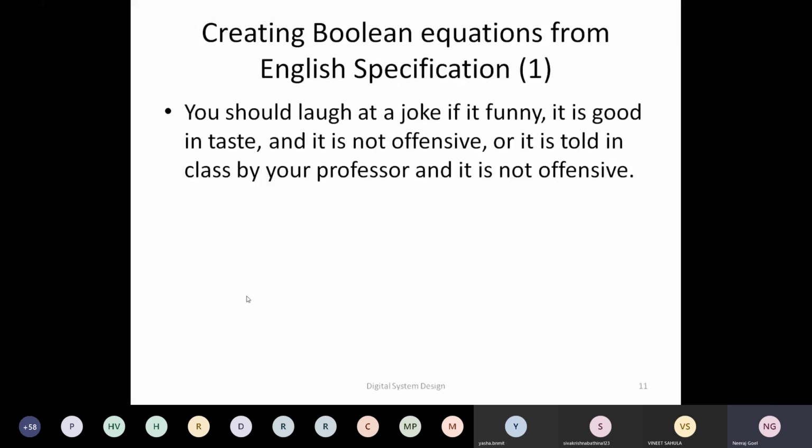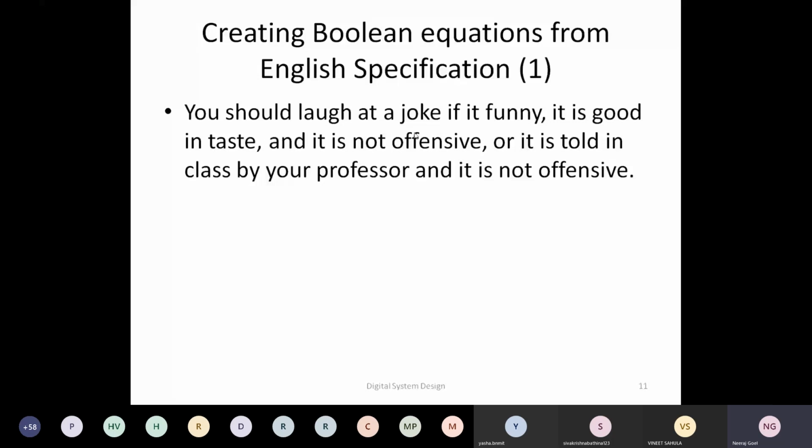We'll try to identify what the inputs are and what the output is. Let us say here laugh is the output. We would like to know when we are supposed to laugh. If laugh is the output, what is the input? Joke, let's say, is not an input, but the properties of the joke we can consider as inputs.